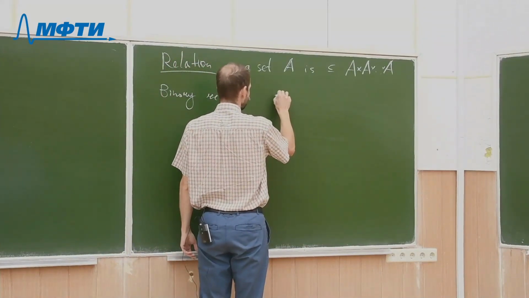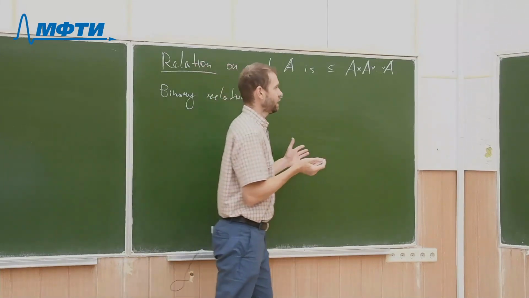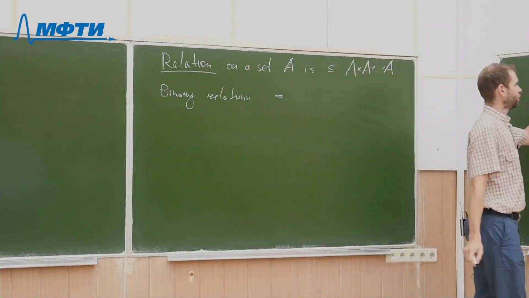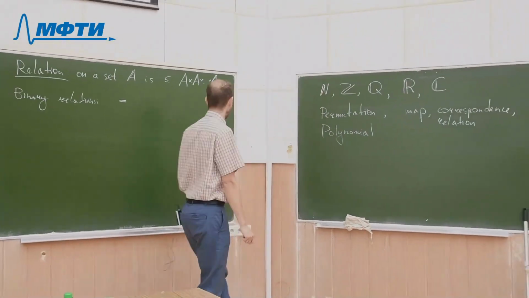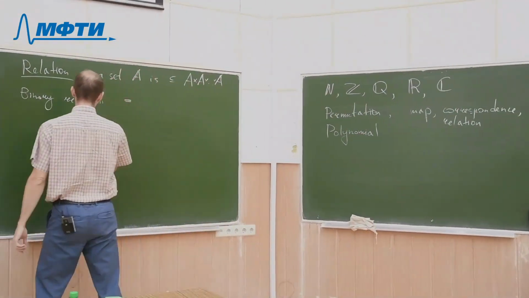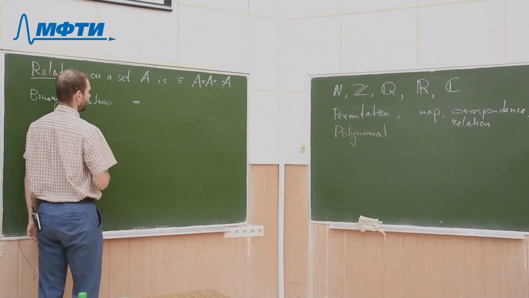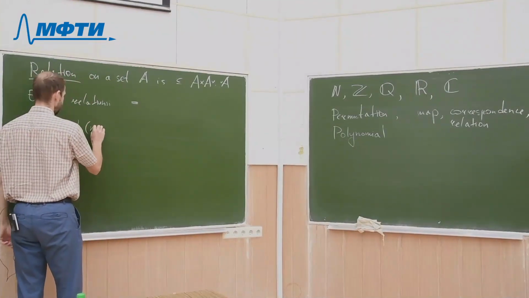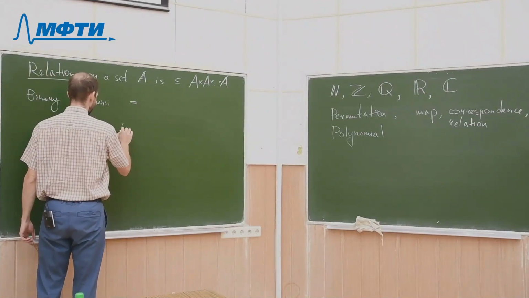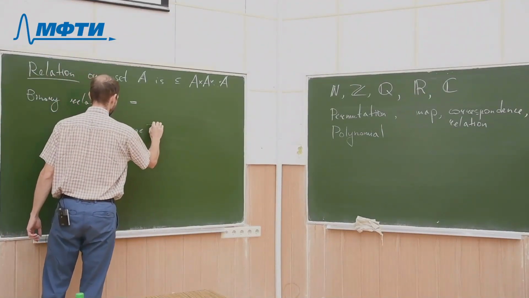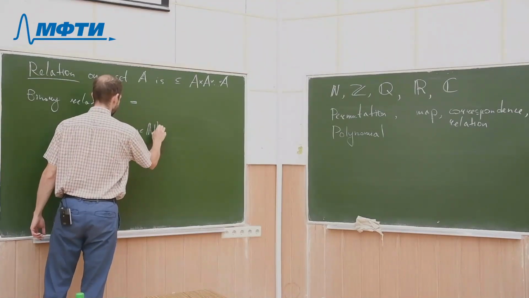Like we have a relation of equality on any of these number sets. So take natural numbers and form a relation which goes like this: n comma n for all natural numbers little n.